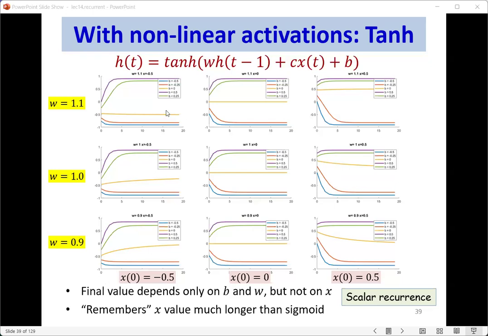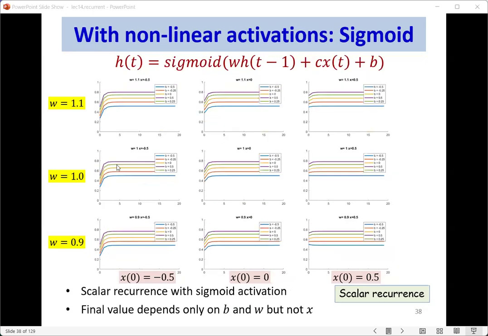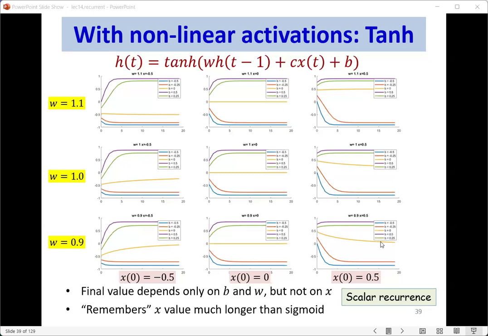So the final value depends only on the bias and the weights, but not on the input. Although, in the sigmoid, it hits saturation in 5 time steps. In the case of tanh, it takes longer, which is why in recurrent neural networks, we typically use tanh activations in the recurrent layer because they take longer to saturate to their default value. Does that make sense? Yes or no?